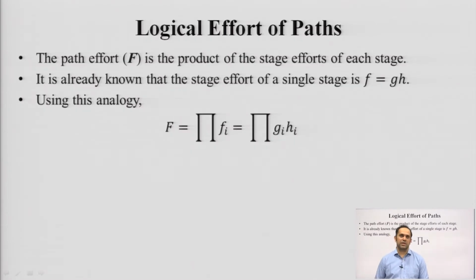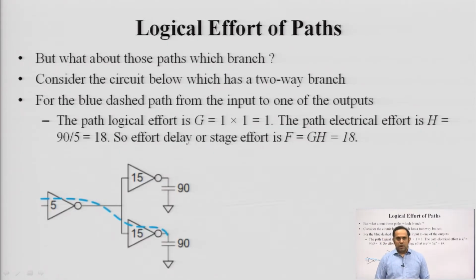So, the effort for the entire path. Now, till now it is very straightforward that you have a multi-stage network. Every stage is going to have a logical effort, every stage is going to have an electrical effort. You multiply those two for each stage and the final product is going to give you the path effort.